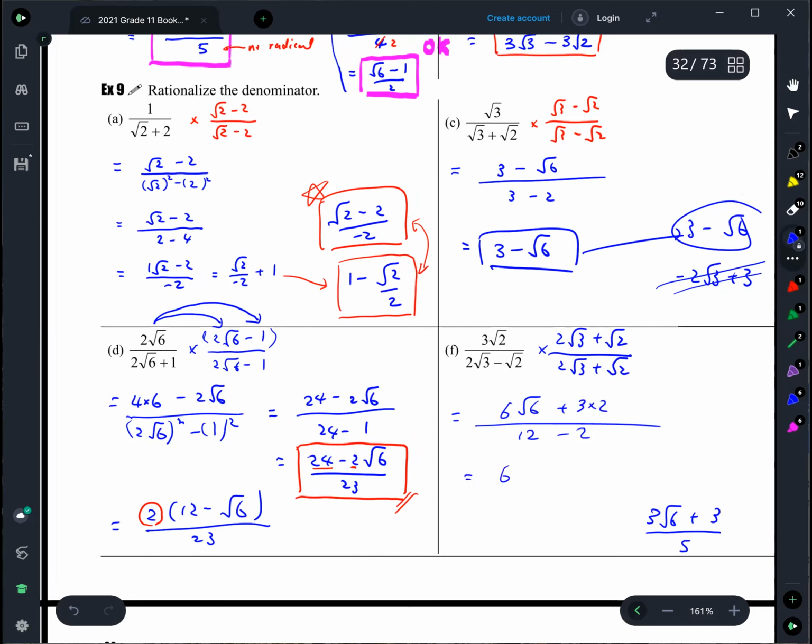So you have 6 √6 plus 6 over 10. Remember when you reduce, you have to be fair. This time we can be fair: 6, 6, and 10 can all be divided by 2. And that will lead you to the final answer.